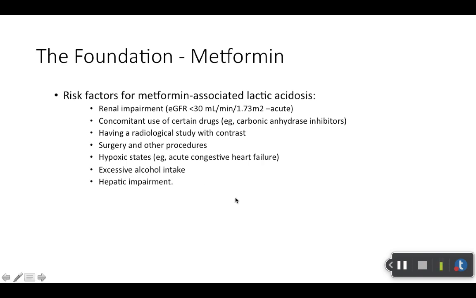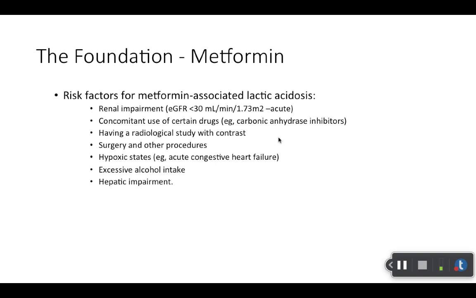So I mentioned earlier excessive alcohol intake or having liver impairment. Those are some instances where maybe it wouldn't be good to have metformin. And again, it's going to depend on the patient, but also you have to be mindful of drug interactions with metformin-associated lactic acidosis, specifically the carbonic anhydrase inhibitors. So you guys remember those, hopefully, from the cardiology module.